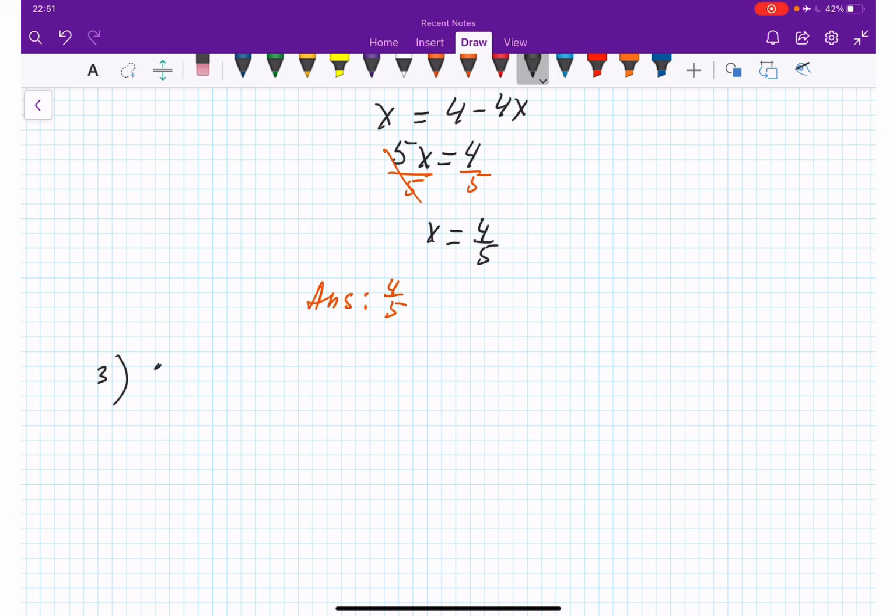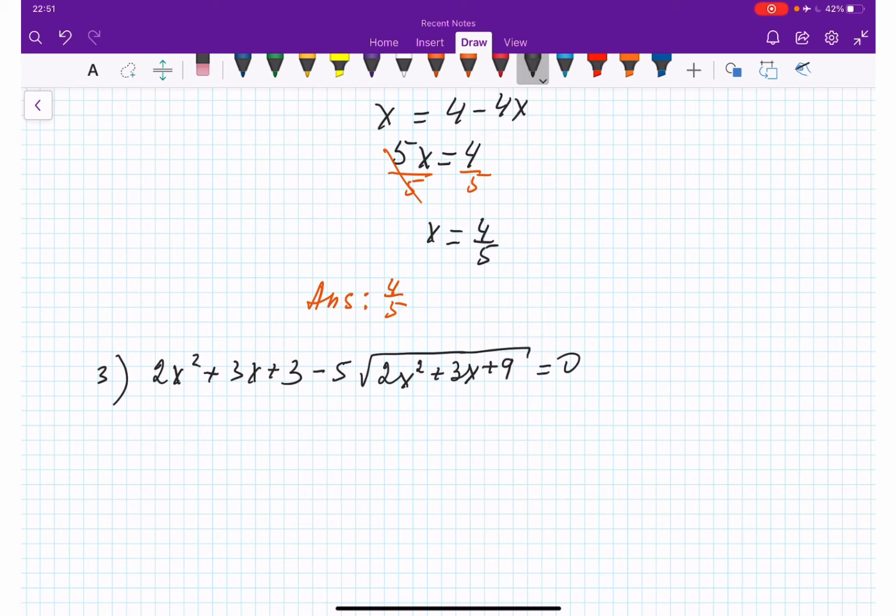We have 2x squared plus 3x plus 3 minus 5 square root of 2x squared plus 3x plus 9 is equal 0. All right.